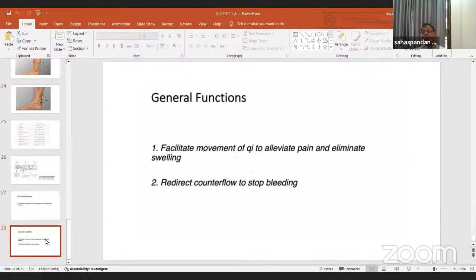Xi-Cleft points can be used to unblock the circulation, reduce stasis, and slow the rate of bleeding.